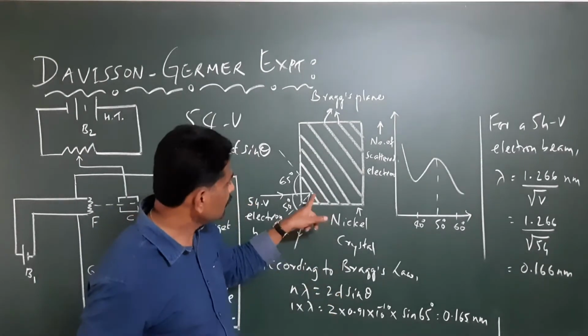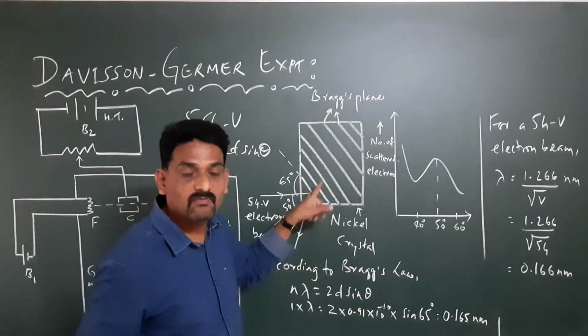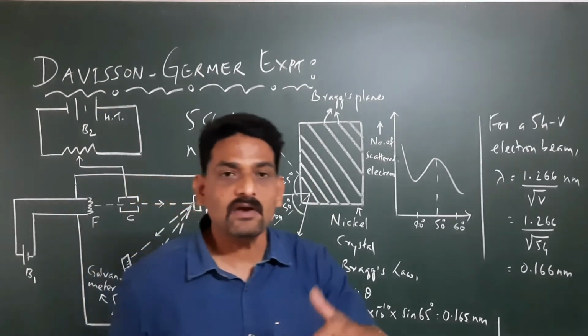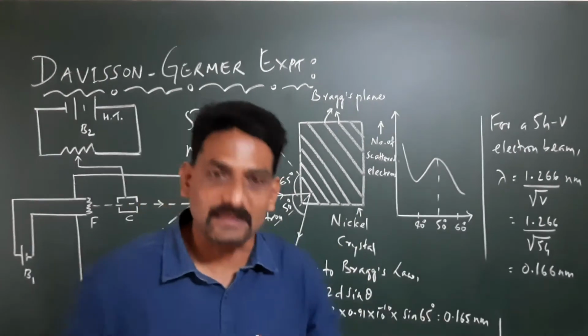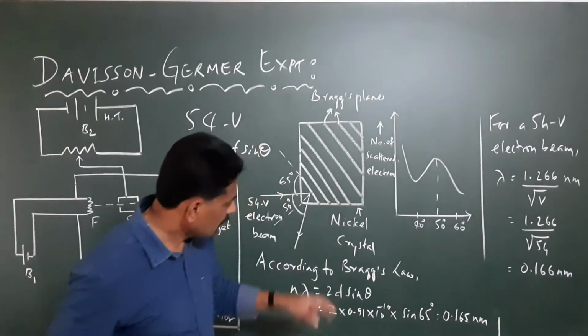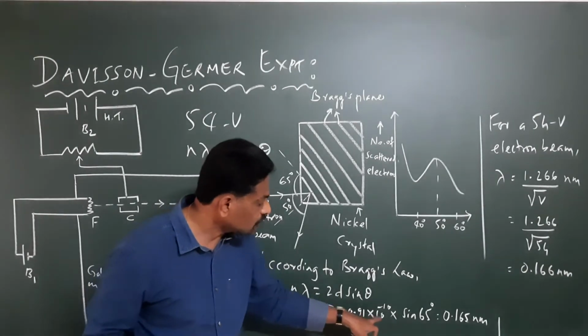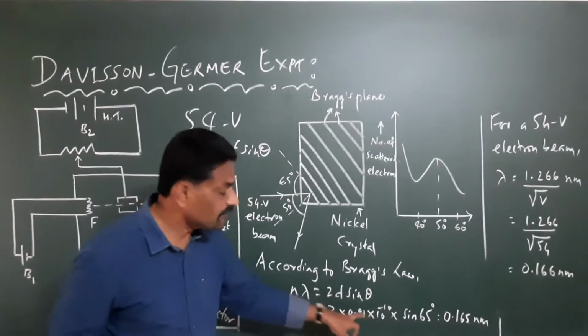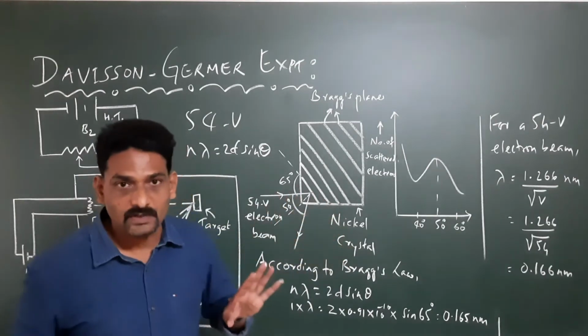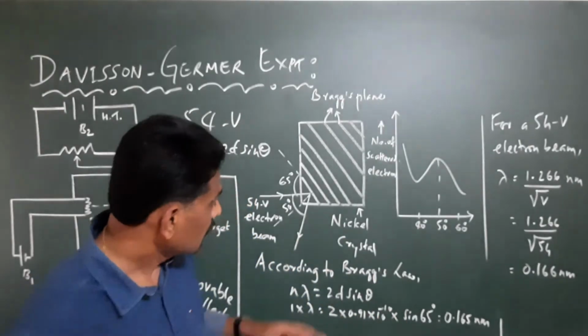What is the distance between the two planes? For a given nickel crystal, the value of d is determined by some other method. The value of d is 0.91 angstrom, or 0.91 into 10 to the power minus 10 meters. It is already determined by some other method.